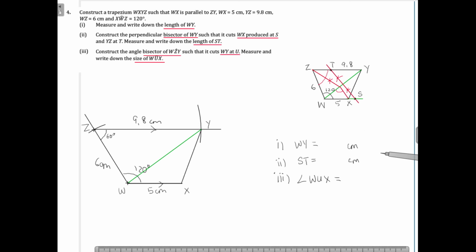Once again, to bisect, we need the compass. Bring it over to W and take slightly more than half. Mark the arc on both sides.